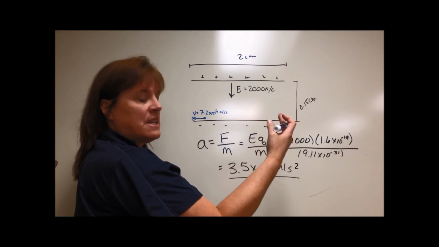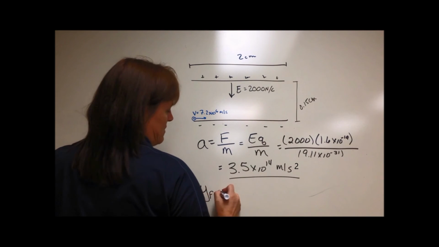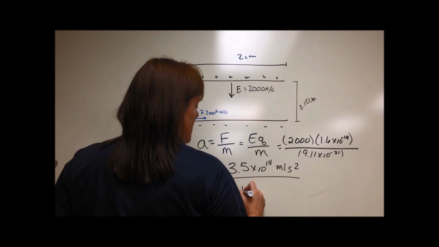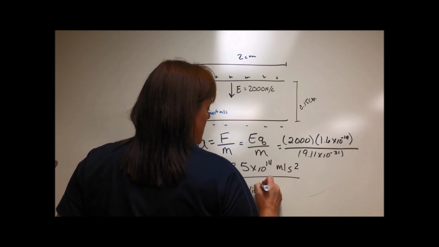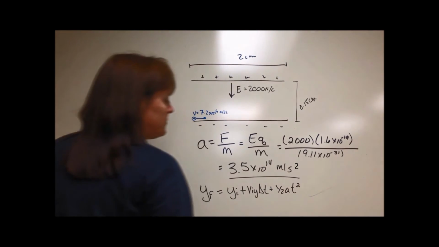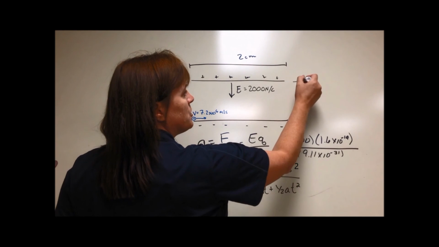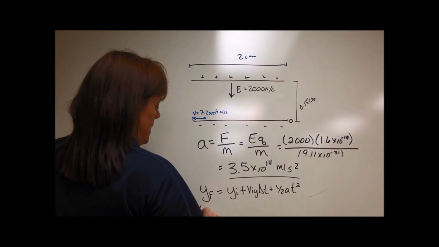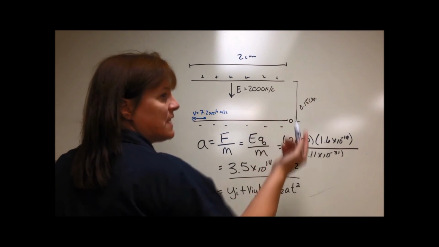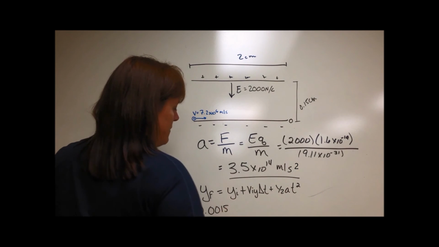So from a kinematic standpoint, that would be this equation, y, my least favorite: y final equals y initial, plus the initial velocity in the y times the change in time plus 1/2 acceleration time squared. Now, if we start here, we'll call this the 0 point, which means my final position is that 0.15 centimeters, but make sure we put that in meters, so 0.0015.